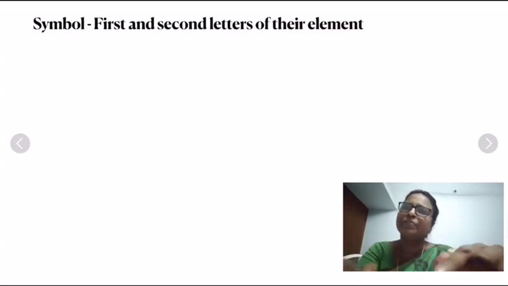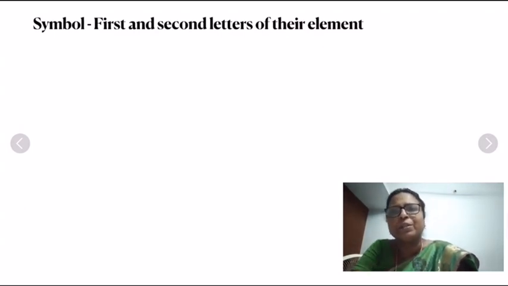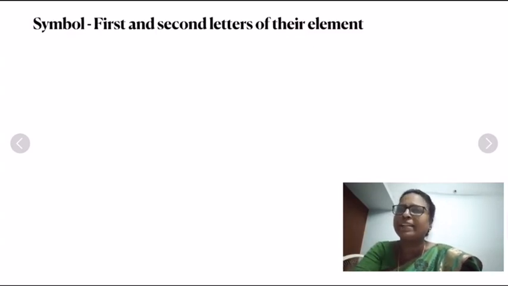Copper and carbon, the first letter is C. We cannot give the same letter as a symbol. It is confusing. So we are using the second letter as a symbol. Some of the elements have a one letter symbol and some have a two letter symbol.